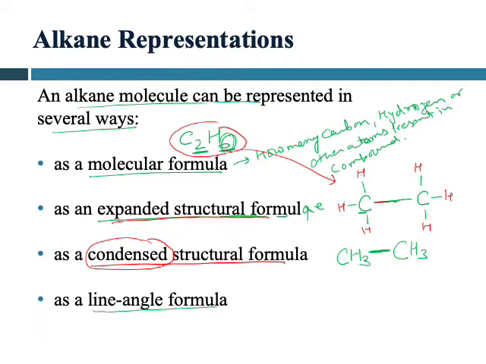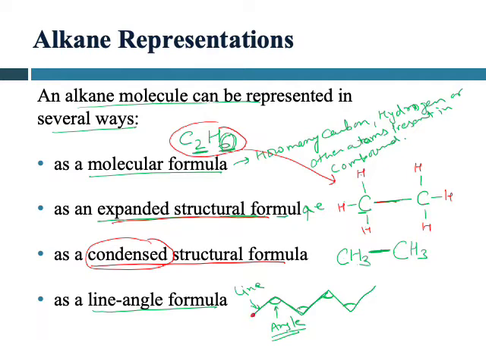Then we have the line angle formula. As the name says, you have a line that bends, and bends again, so you are making an angle between two consecutive lines. This is an angle and this is a line, that's why we call it the line angle formula. What's special about it?